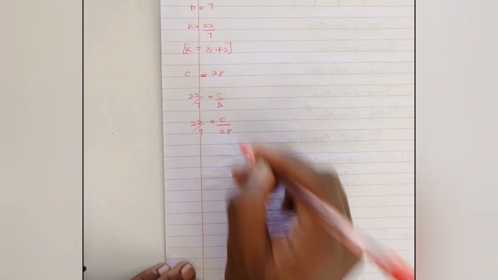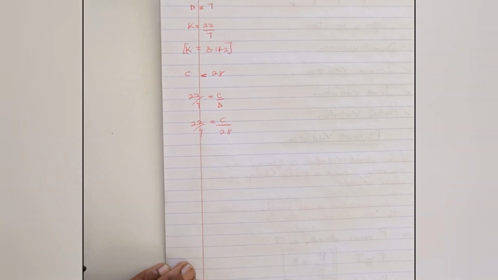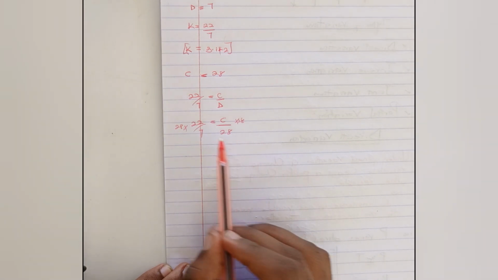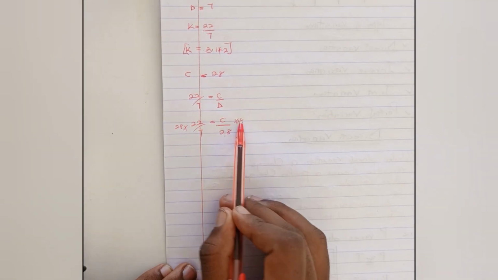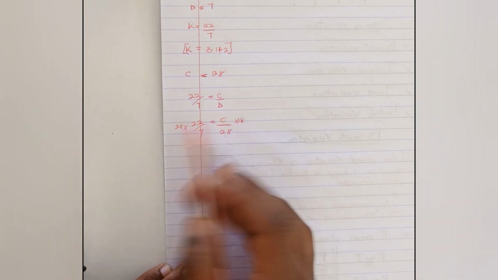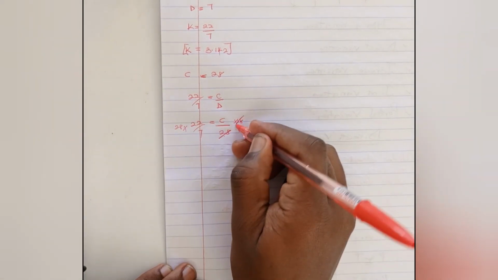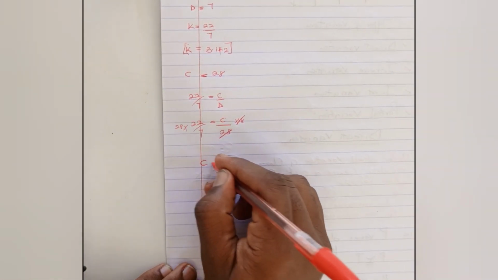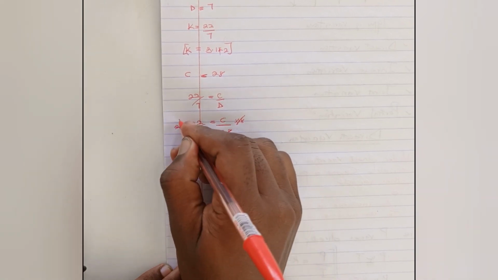To remain with C on one side, we multiply both sides by 28. So we're going to get C is equal to, by 7 1, by 7 4.